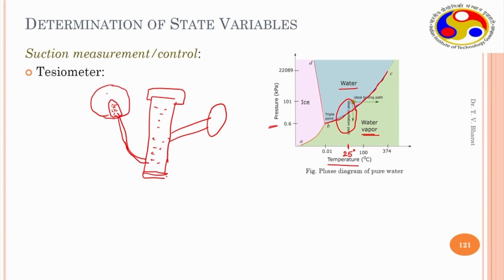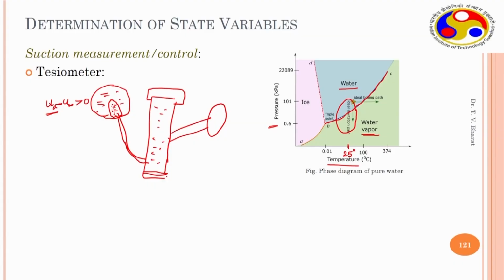Soil has negative pressure, so the water pressure is negative within the soil mass. So ua minus uw is positive. If you take zero as the gauge pressure, then uw is negative.